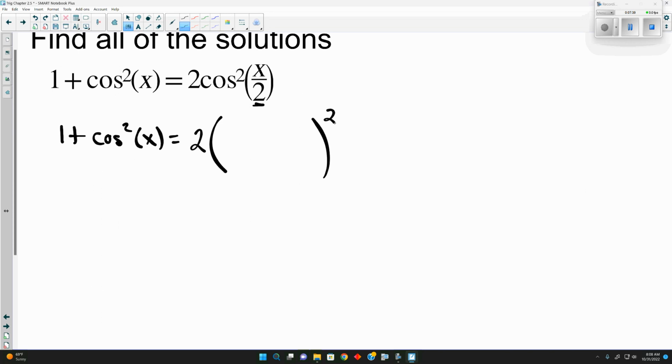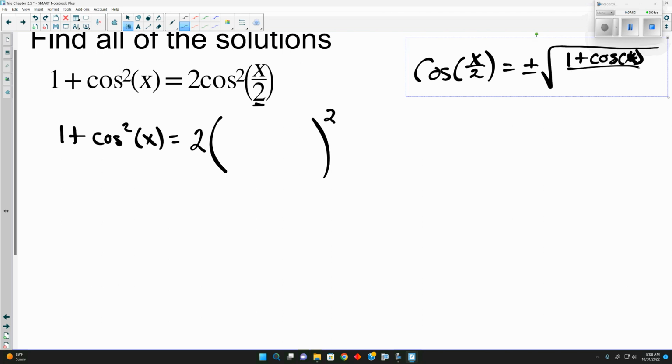Now, what we do know is that cosine of x over 2 is equal to plus or minus the square root of 1 plus cosine of x all over 2. So the first thing we can do is apply this formula here.